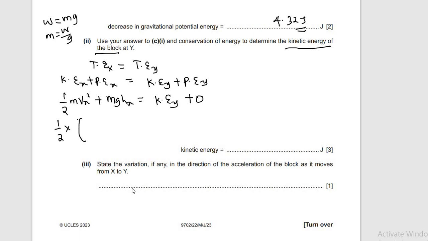And the weight we are talking about is 2.4 over g, 9.81, multiplied by the speed at X, which is 3.4, squared, plus mgh at X, which is 4.32, equal to kinetic energy at Y. So from here we have 2.4 divided by 9.81, multiplied by 3.4 times 3.4, the square, multiplied by 0.5. We have 1.41.